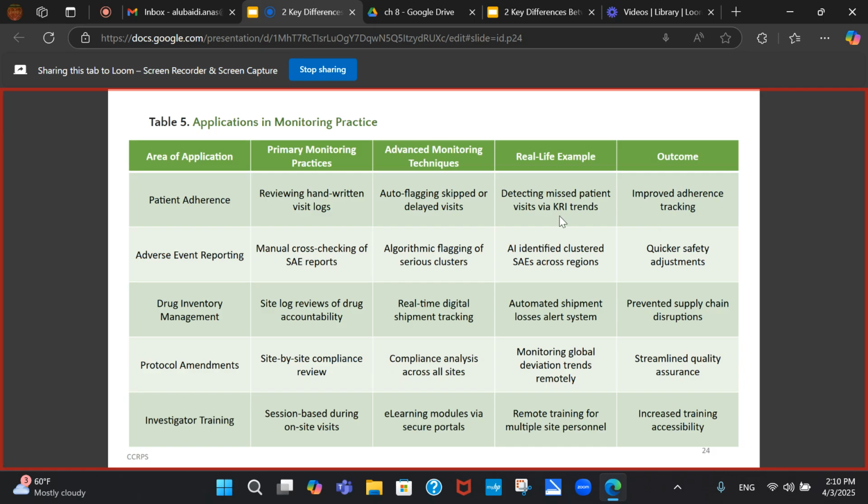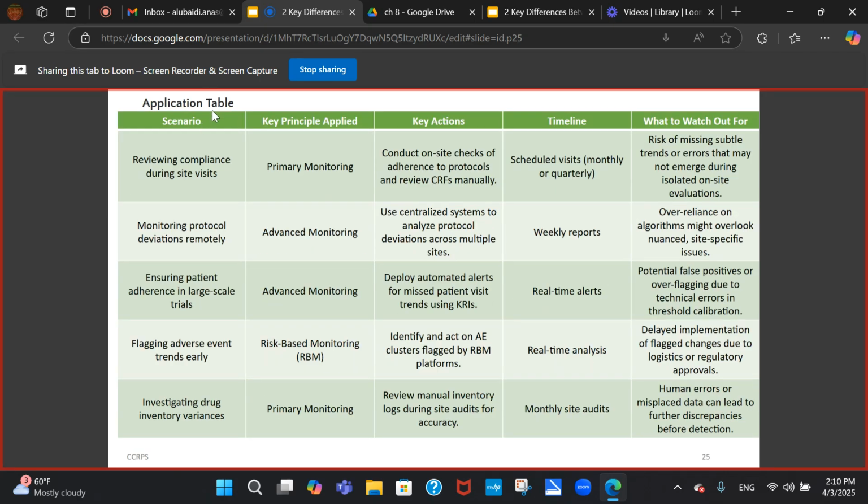Application table: we have the scenario, key principle applied, the key action, timeline, and what to watch out for, whether for reviewing compliance during site visits, monitoring protocol deviations remotely, ensuring patient adherence in large-scale trials, flagging adverse event trends early, and investigating drug inventory variances.